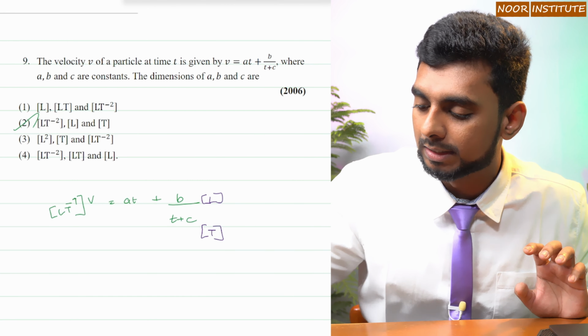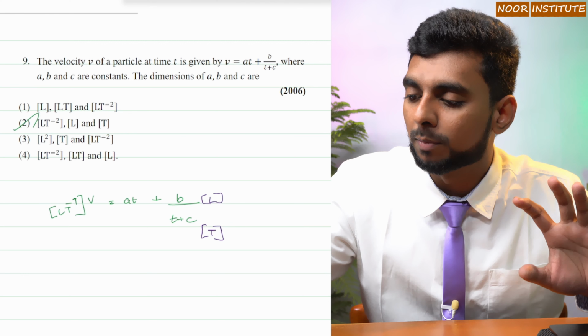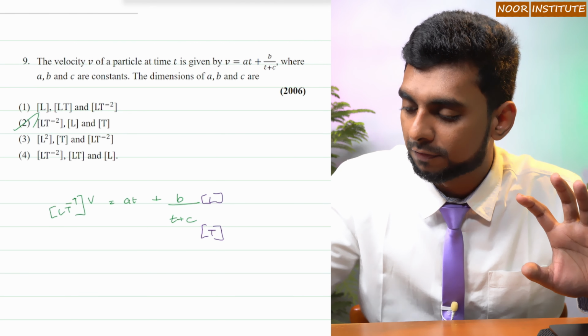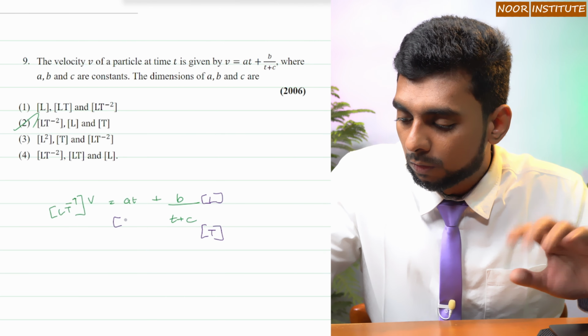Then what I need to find is A. In this situation, T is in the multiplication, so the unit of A should be equal to LT power minus 2. That is when one T will get cancelled, and then I'll be able to equate it with the velocity, which is LT power minus 1. Therefore, the dimension for A will be LT power minus 2.